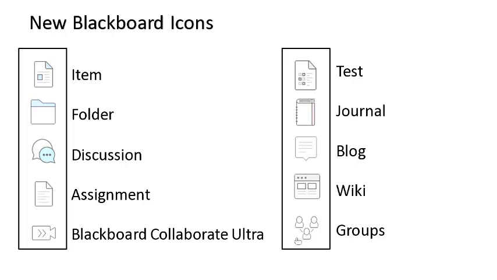And then symbolizing something, I think they're all symbolizing something, whether it be that this is a test, or this is a folder, and we have that implication that a folder needs to be opened and there's more inside of it. And so all of these Blackboard icons were really built for that idea.